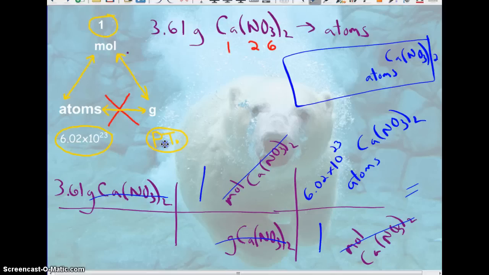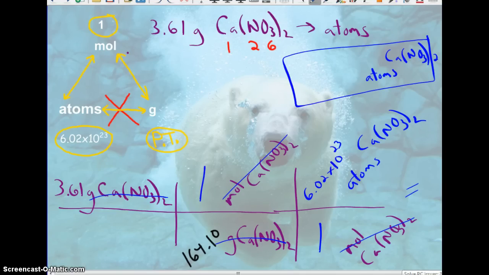Plus nitrogen, there's 2 of them, so 2 times its mass, which is 14.01, plus 6. So in parentheses, put that. And then plus in parentheses again for oxygen, 6 times its mass, which is 16.00. Add them all up. You get 164.10. Now you're going to do the math, multiply across the top, divide by the bottom, and get your answer.